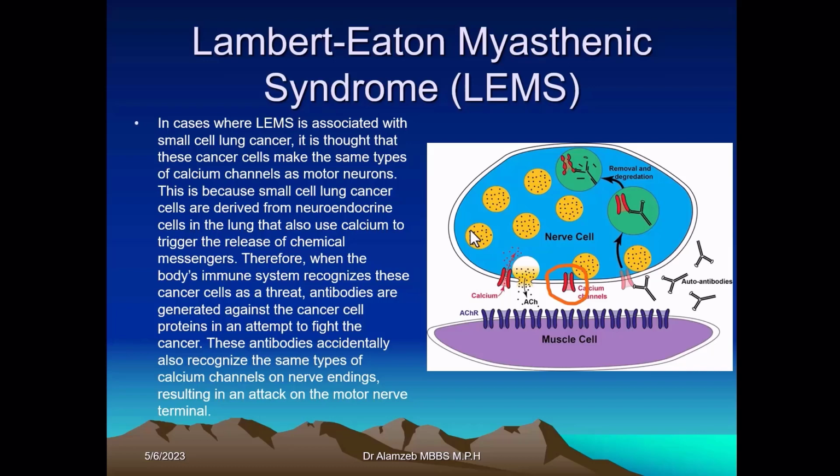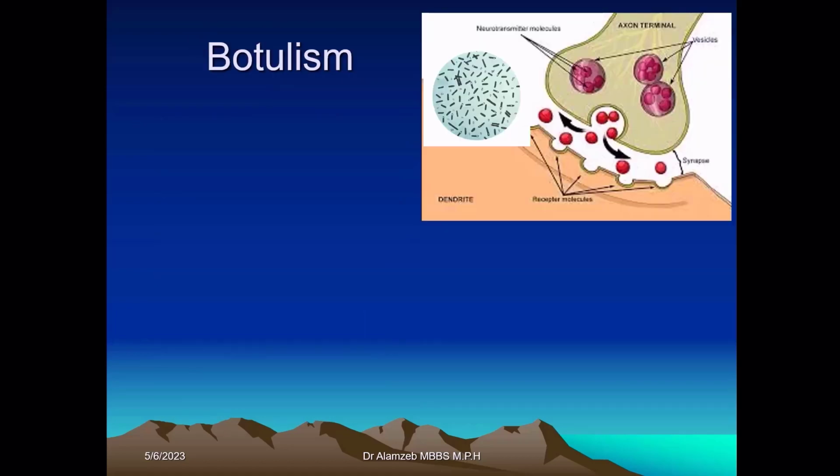In the case of myasthenia gravis, the patient takes a little food, but after that he refuses or cannot take more food. With exercise, the myasthenic patient becomes fatigued easily. But in Lambert-Eaton syndrome, with exercise, the activity is improved.